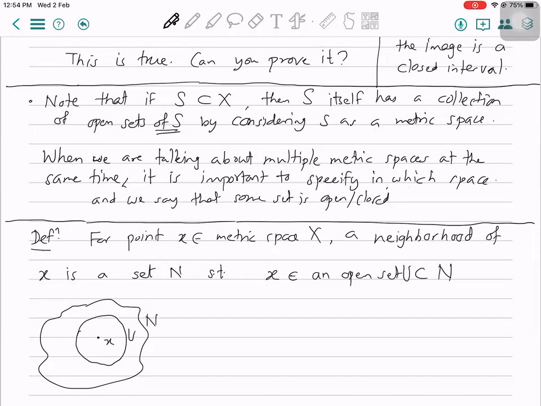And if you just think about it for a moment, instead of taking open set U, we might as well take, oh, sorry, I have to make one more.